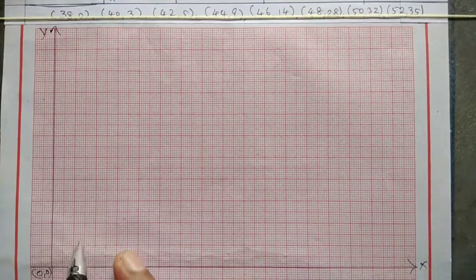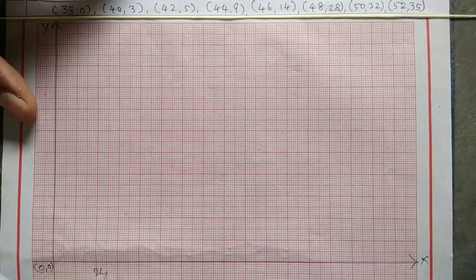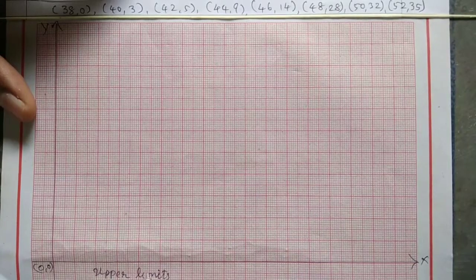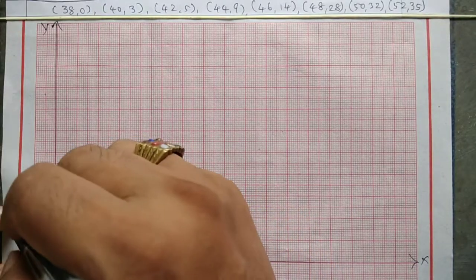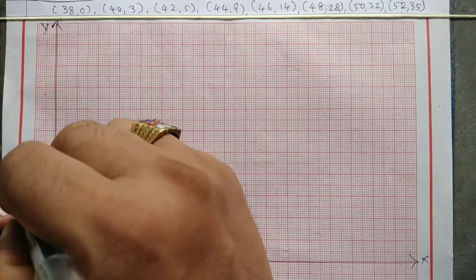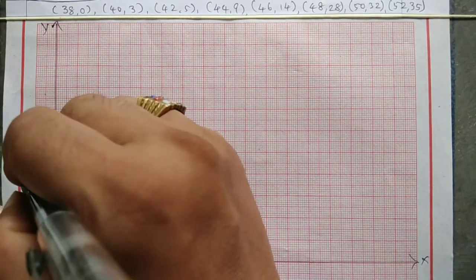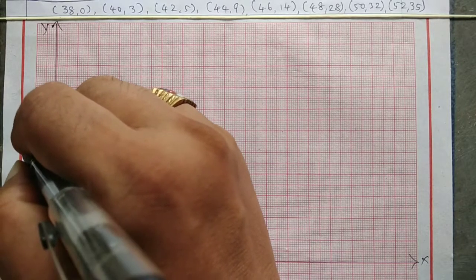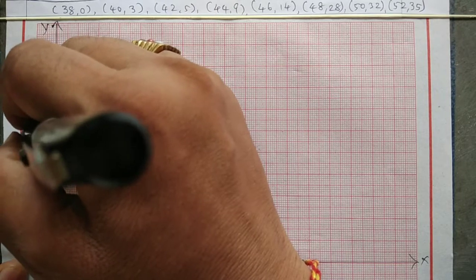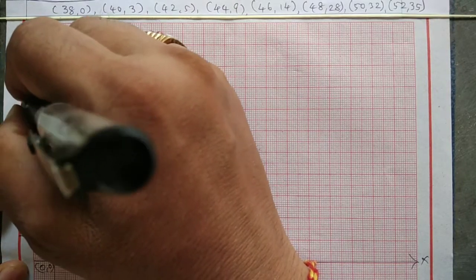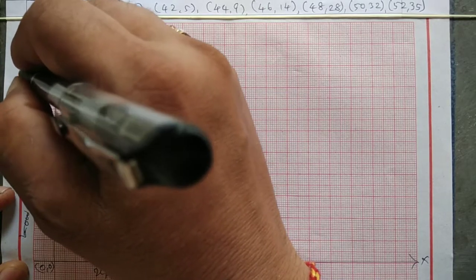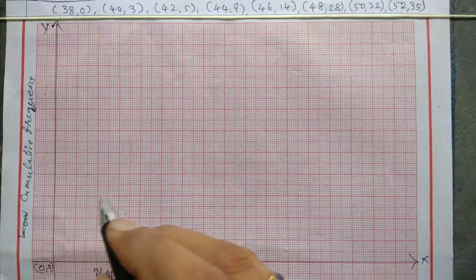Upper limits on the x-axis, cumulative frequency along the y-axis. I marked them.